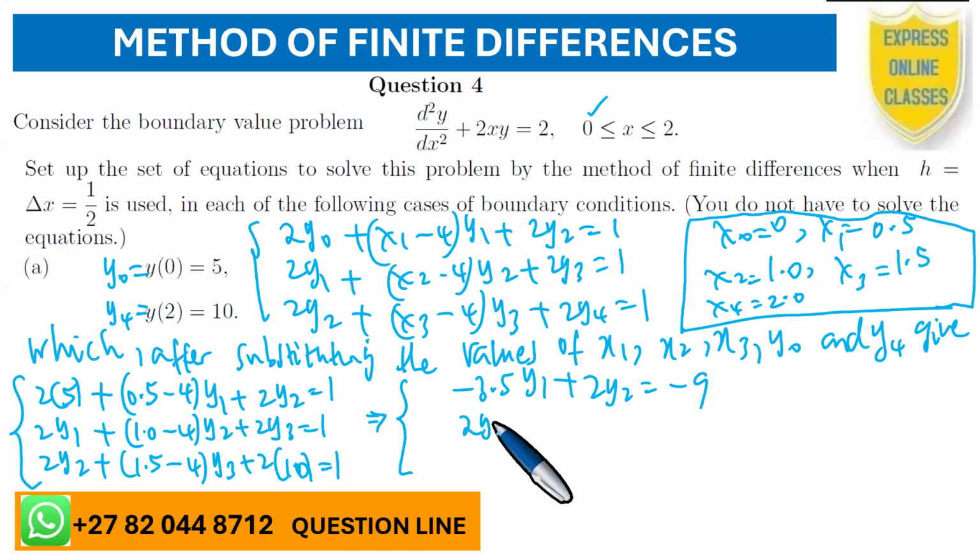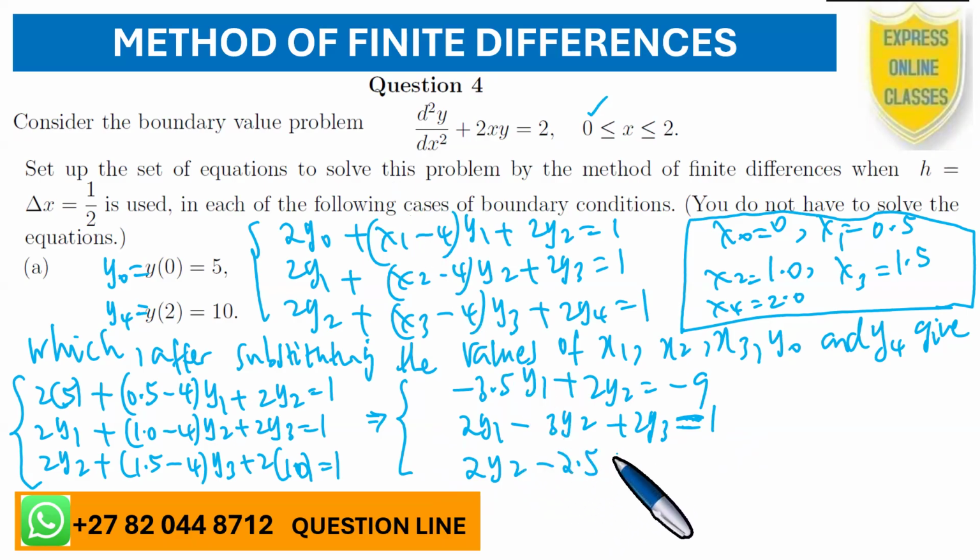And therefore, this is 2y1 minus 3y2, 2y3, and the result is a 1. And then 2y2, 1.5 minus 4 is a minus 2.5. And then it becomes 1 minus 2 times 10, which is 20. 1 minus 20 is a minus 19.